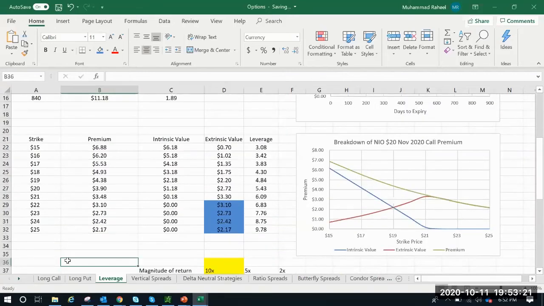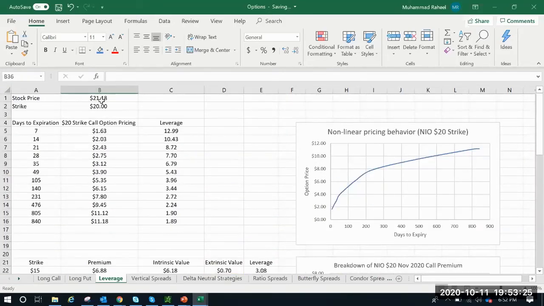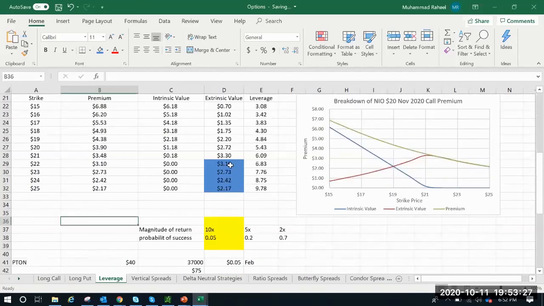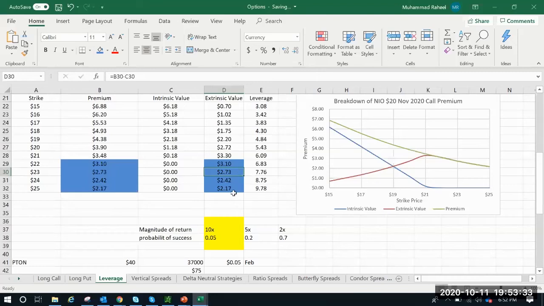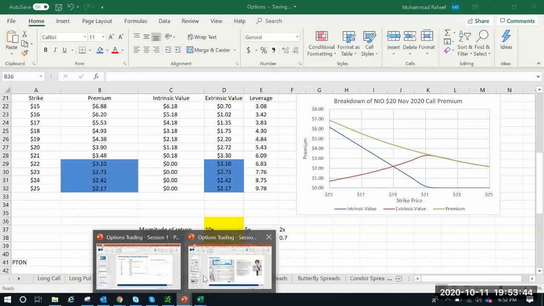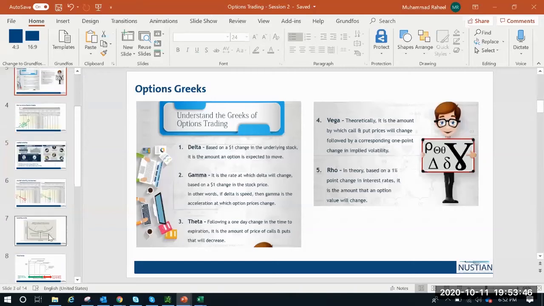So a $22 strike call on a 21.18 stock price means you're out of the money, which basically means that everything you're paying, all that premium, is just because you got some days. Every time the stock doesn't move, this number keeps dropping, which means the premium also keeps dropping. That's called theta decay. I have a slide on it which will explain it better.